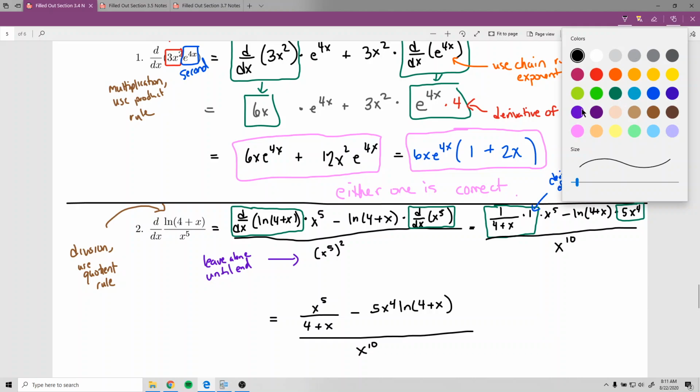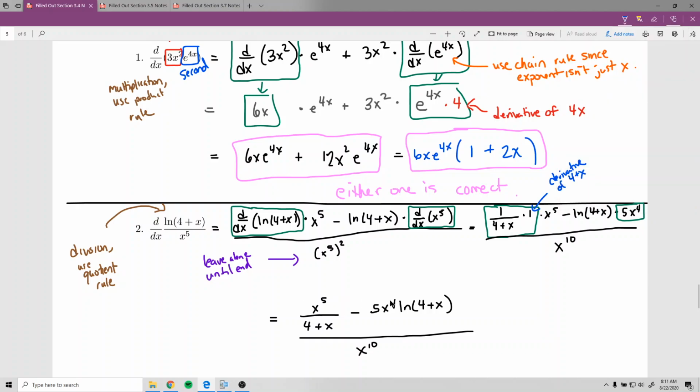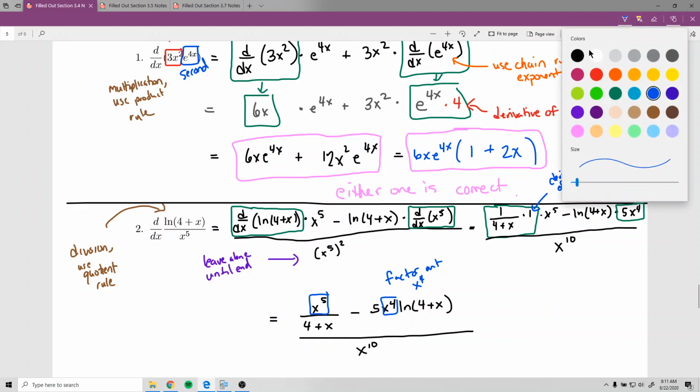And then one thing you can actually simplify here is you can factor out an x to the 4th in each term. And the reason why I'm pointing that out is because I know eventually if we factor that out, it will be able to be canceled a little bit with the x to the 10th.